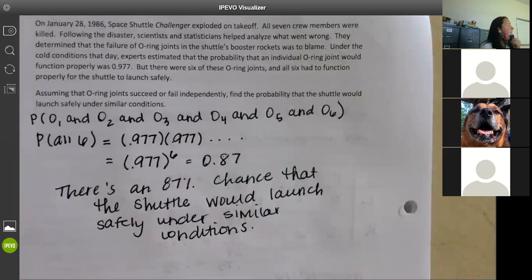So even though it's high, that 87% is still not, y'all don't like getting B's. We don't want to launch people into space with an 87% chance of it working right.